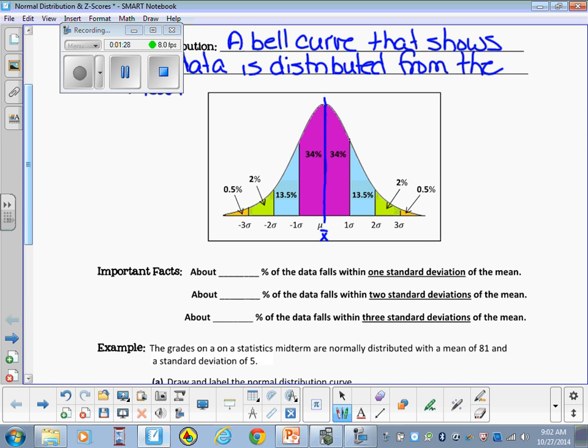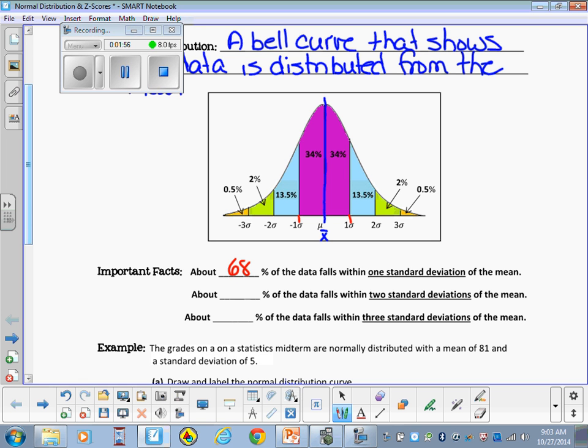Then they calculated the standard deviation, which we learned how to do using our graphing calculator in the last lesson. And they said that about 68% of the data, all of this here in purple, 34% of the class should be one standard deviation below the mean, and 34% of the class should be one standard deviation above the mean.